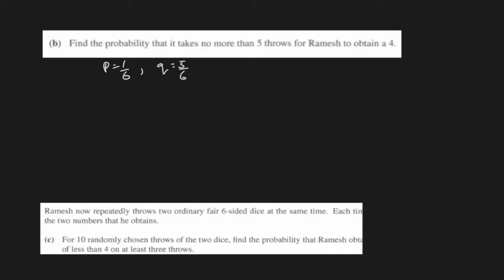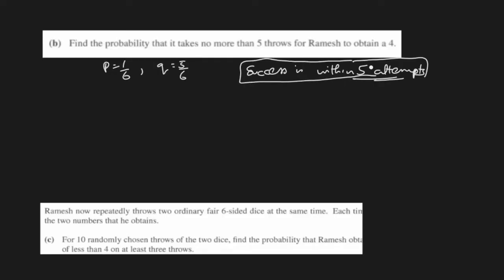No more than 5 means the success is within the first 5 attempts. That means success could be the first, second, third, fourth, or fifth attempt, but no more than 5. For sure, the person gets a success in the first 5 attempts, right?